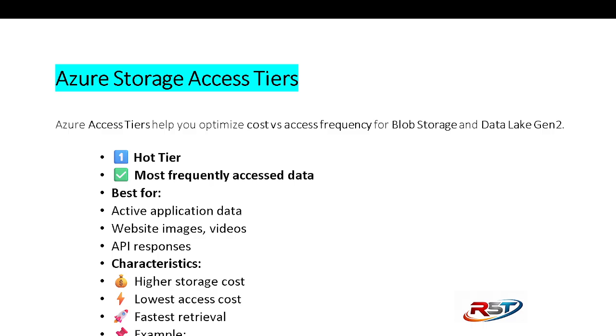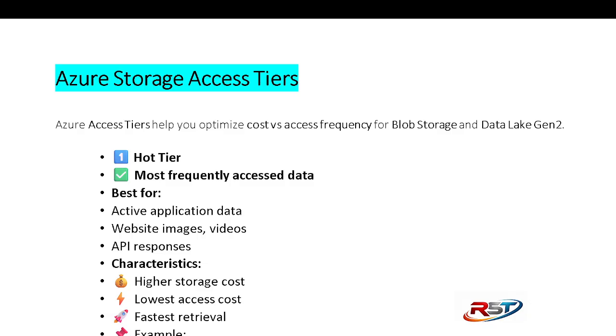Azure access tiers help you optimize cost versus access frequency for blob storage and data like general purpose v2. Hot tier: most frequently accessed data, best for active applications, website images, videos, API responses.